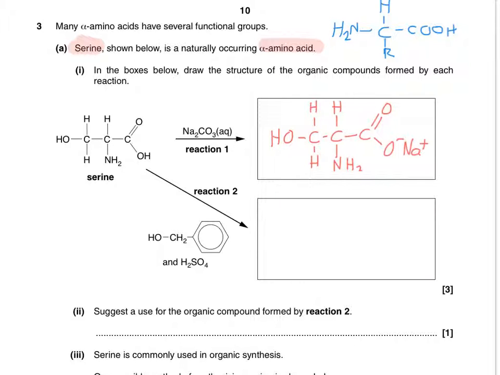We still have the carboxylic acid group reacting, but it's reacting with an alcohol. And you've also got H2O. You've also got to bear in mind that it's acidic conditions you're working with. The presence of the acid has 2 consequences.